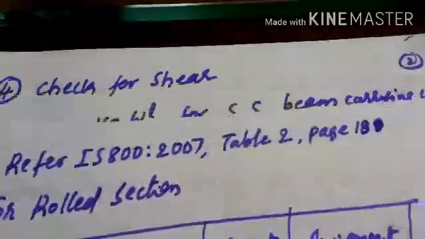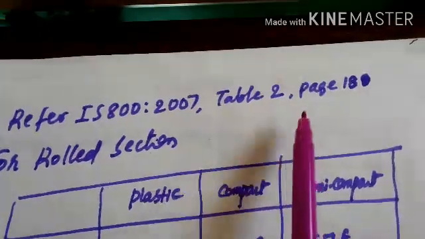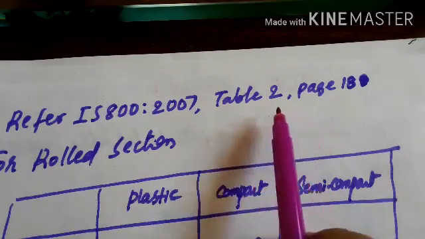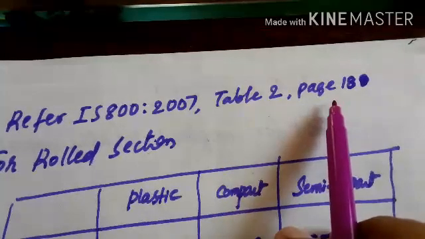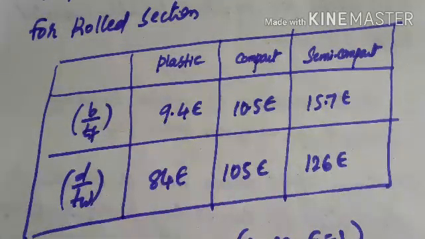Then you have to refer to IS 800 2007 table number 2, page number 18, for a rolled section. After getting the ratios, you can see this table in IS 800 2007.